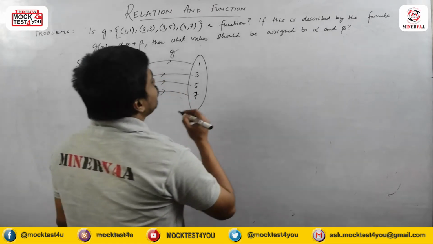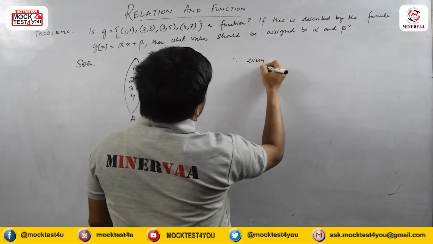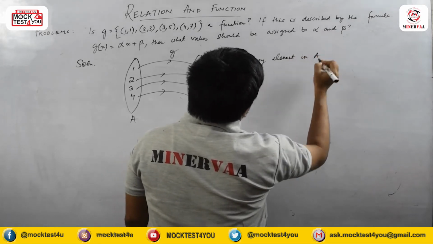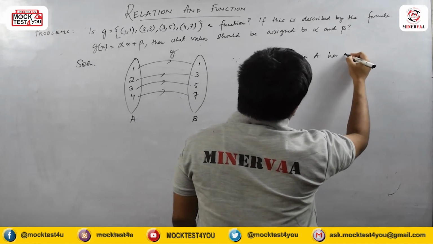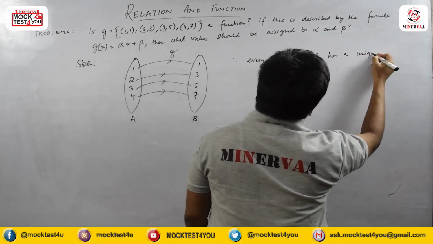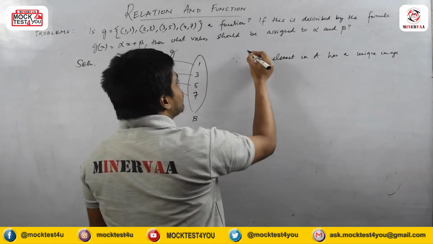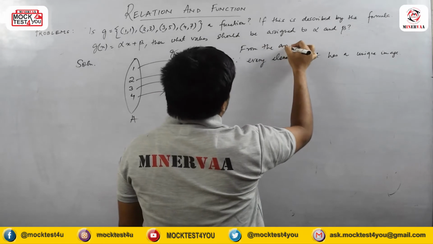So let's write down: since every element in A has a unique image, from the arrow diagram.